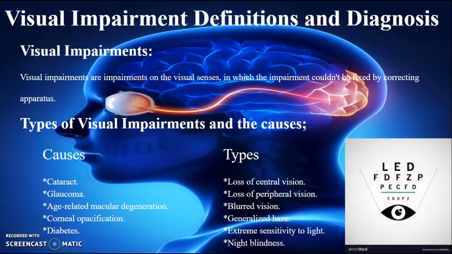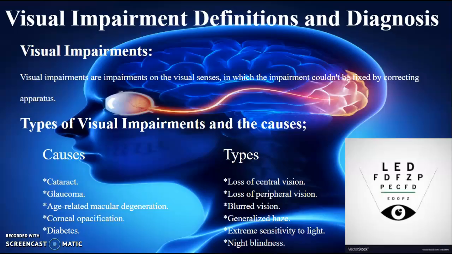But there are many causes for visual impairments, such as cataract, where the lens inside your eye turns milky, glaucoma, age-related macular degeneration, that's when your eye muscle starts to waste away because of age, and then corneal opacification and diabetes.